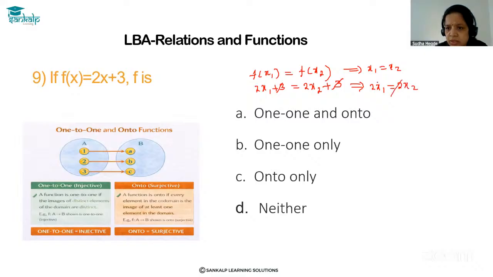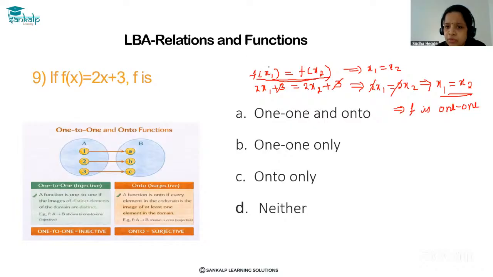So you can cancel 2 now. This implies x1 is equal to x2. You have taken f of x1 equal to f of x2 and you have proved x1 is equal to x2. So this implies f is one-one. Okay.